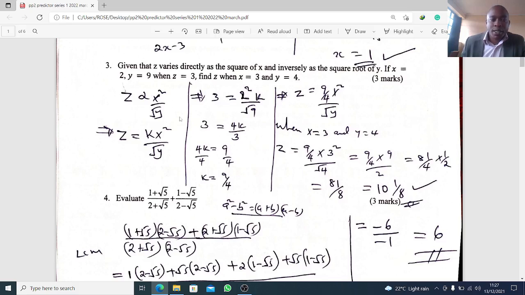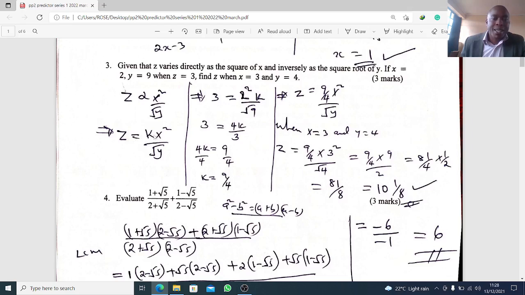So first of all, let us include an equal sign here. If we put an equal sign, then we must introduce a constant. So we say z equals k x squared over the root of y. Because of the equal sign, we introduce a constant k or c, whichever letter.